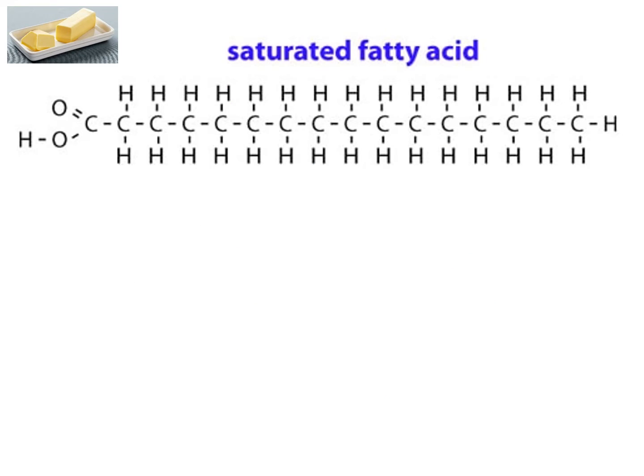The fatty acid side chains of lipids can be classified as saturated or unsaturated. And these are terms that you probably have heard of in terms of nutritional content. So saturated fatty acids are the ones you see here. It's called saturated because this fatty acid side chain is saturated with hydrogens.